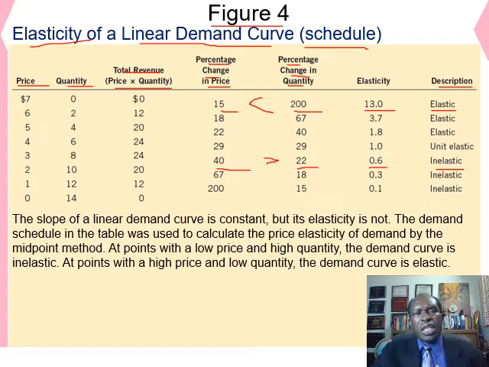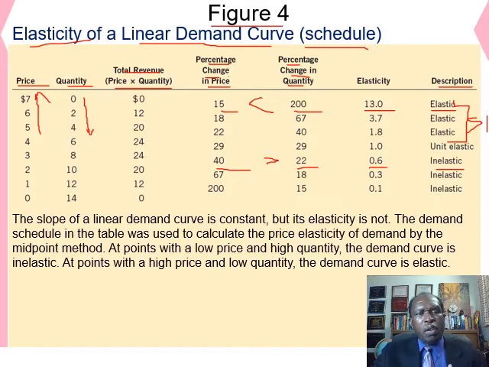Another way to figure out if the demand is elastic or inelastic is to look at high price associated with low quantity, so then the demand curve would be elastic, so the value would be greater than one.